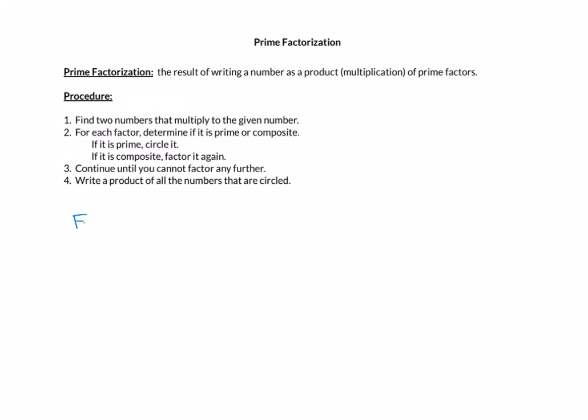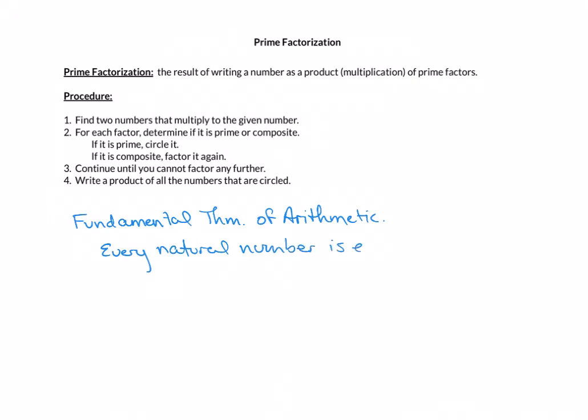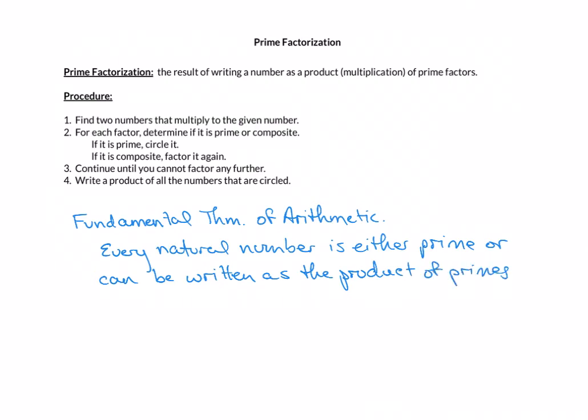This is not something you need to know, but just for those of you that are curious, it says every natural number is either prime or can be written as the product of primes in a unique way up to order.